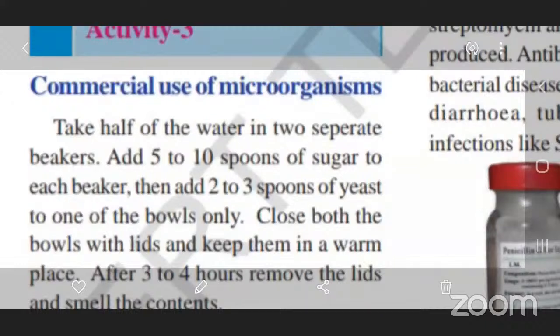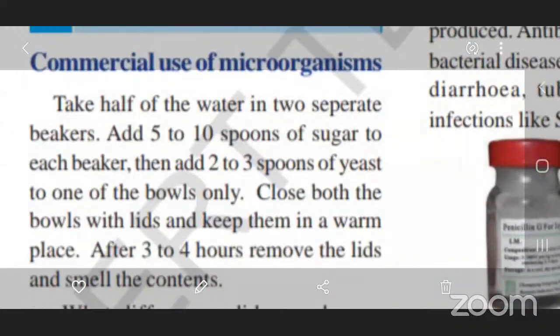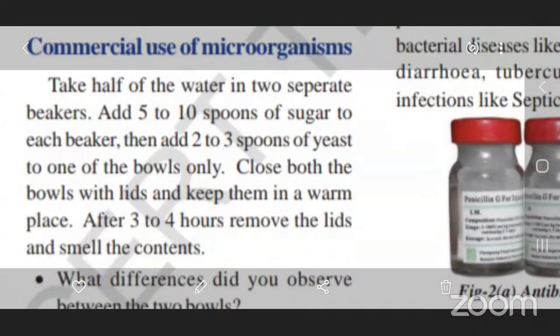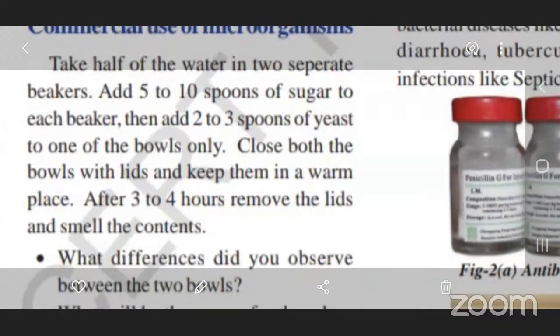Take half of the water in 2 separate beakers. Let us recall once again this activity. Add 5 to 10 spoons of sugar to each beaker. Then add 2 to 3 spoons of yeast to one of the bowls only.